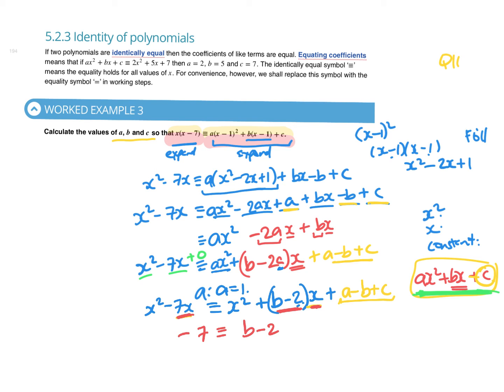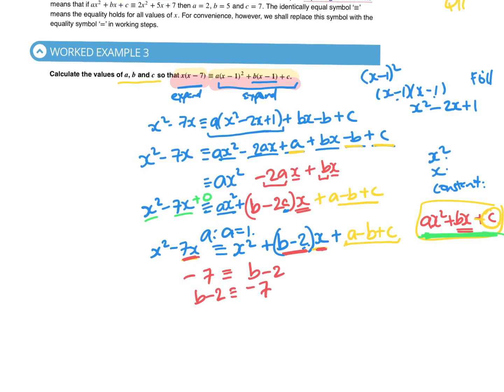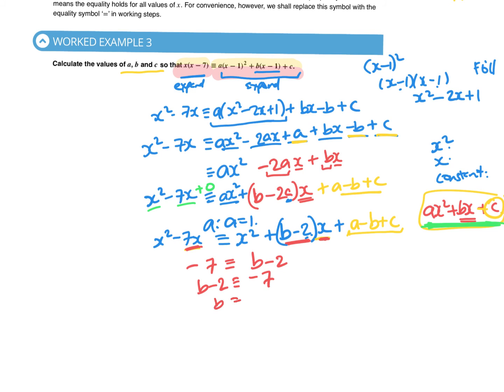Those values need to be the same, which means if I swap it around to solve for b, b is equal to negative 7 plus 2, which is negative 5. So that's the b in there. We've made this one the same as that one. If we put negative 5 in for that b, then that becomes minus 7 altogether.